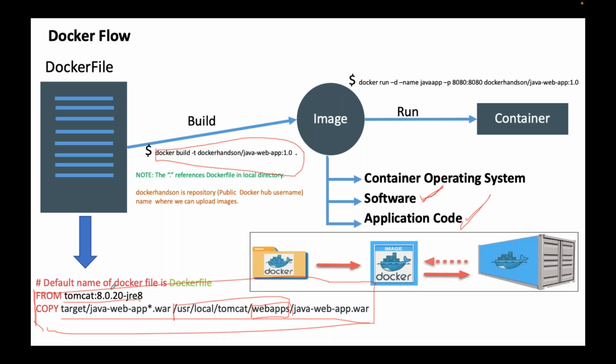Yes. So with the help of this Dockerfile, let's say I create an image, does that image contain the required software to run my application and also the application code? Yes.